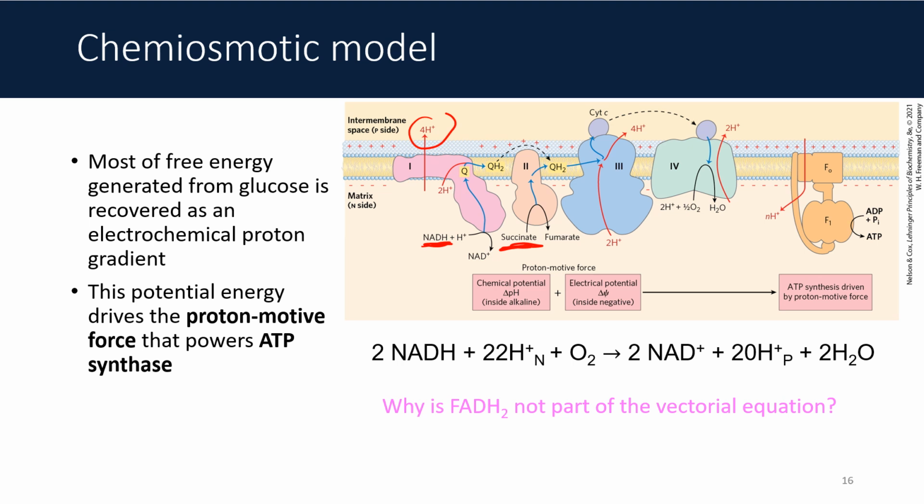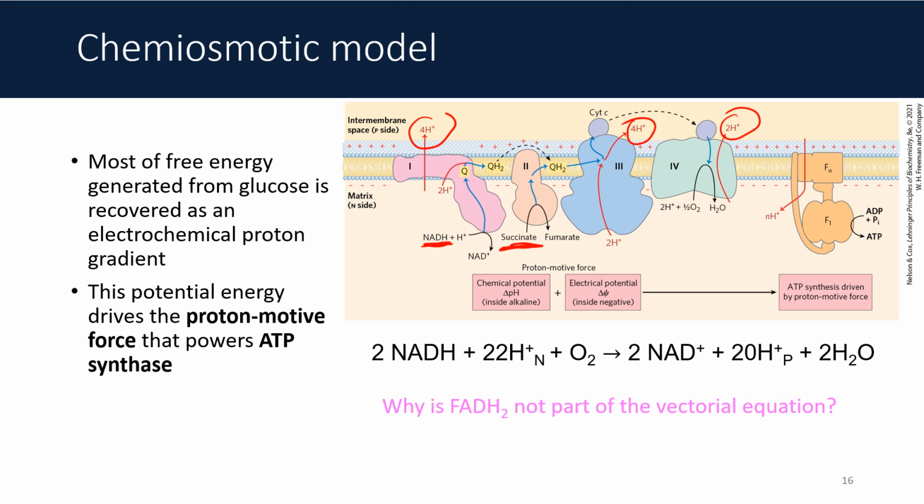The ensuing QH2 will diffuse over to complex 3, and that's going to trigger a second pump, which will give us another 4 protons. And QH2's electrons get transferred to cytochrome C. That moves on to complex 4, where we're going to do our final electron transfer event, where we dump those electrons onto an oxygen molecule, giving us water.